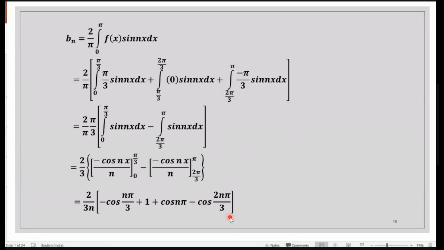So what will remain when you do cos c plus cos d? Just check that. I have not simplified it, I kept it as it is, but you can simplify further.